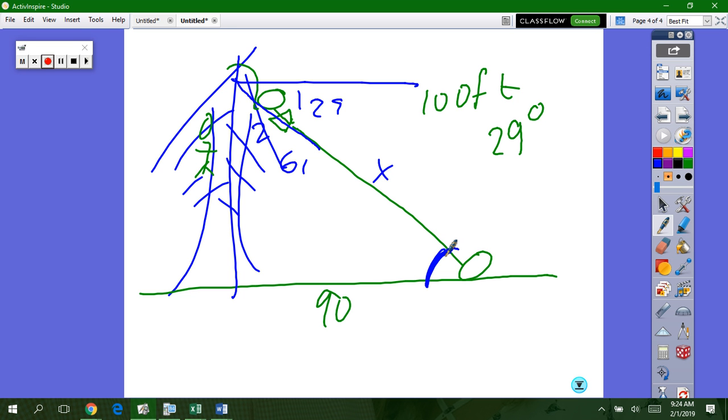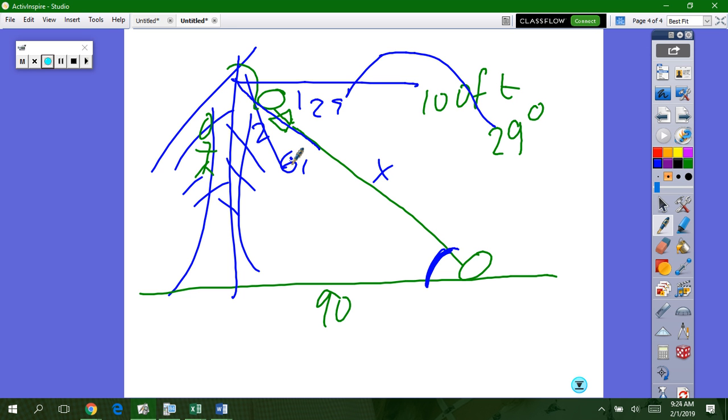Because this is a perfect right angle. This is 61 because if it's a straight up tree and I'm looking out straight, that's perfect. This right here is an angle of elevation. If they ever say it in a story problem, I'm just not using it right now. They might say the angle of elevation to the sun is, you know what I mean?